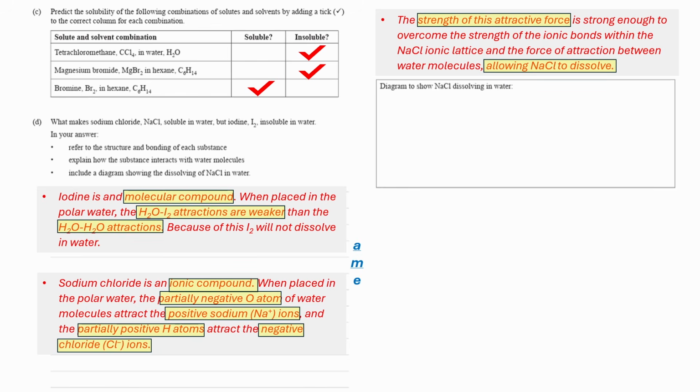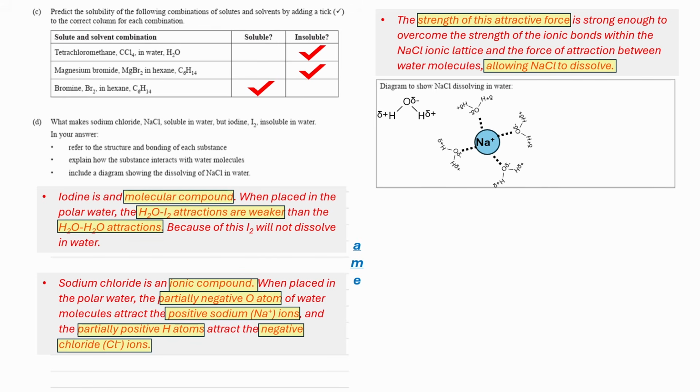What we're essentially saying is the overall attractions of the positive ions to the slightly negative oxygen and the negative ions to the slightly positive hydrogen are stronger than the attractions the ions have to each other within their lattice.